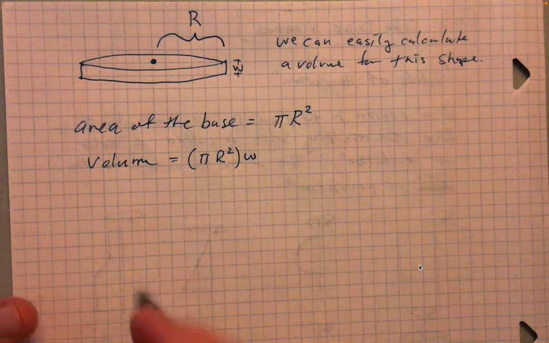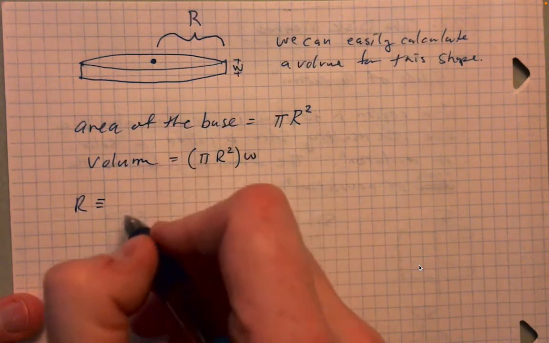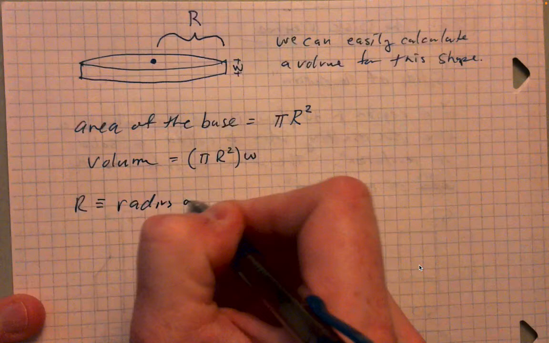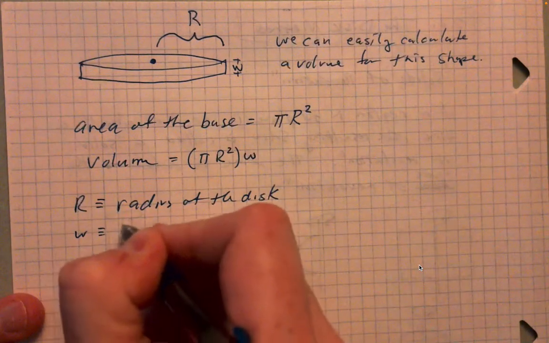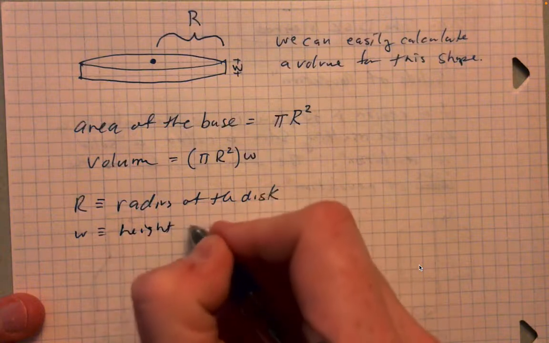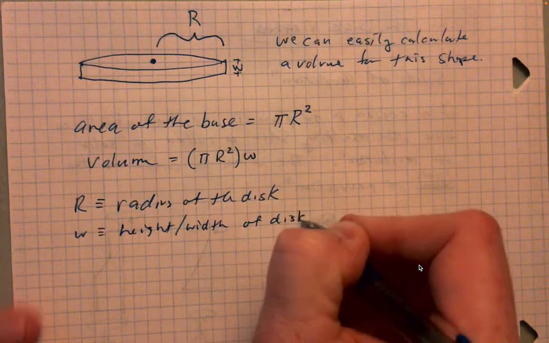Right, so important to remember here that R is the radius of the disc, and W is the height of the disc, or width, however you want to think about it.